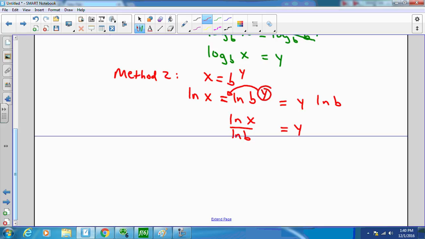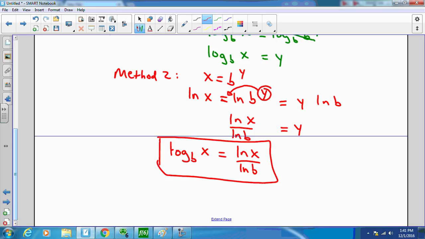Well, here's the deal. If y is equal to log base b of x, and y is also equal to ln x over ln b, what is the natural conclusion? Those two must be equal. That the log base b of x is simply the natural log of x divided by the natural log of the new base.